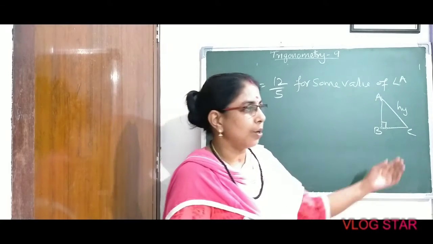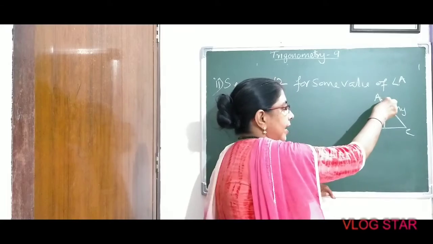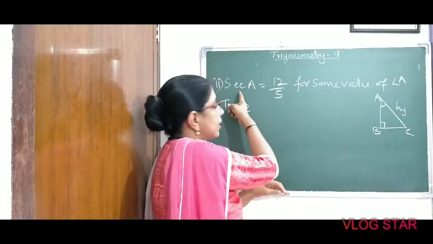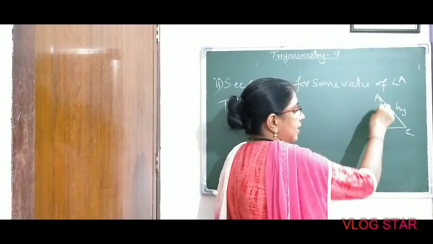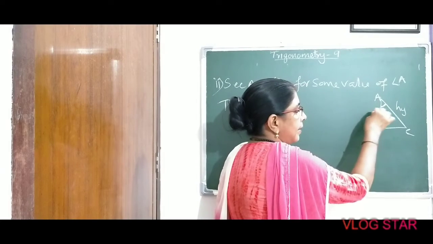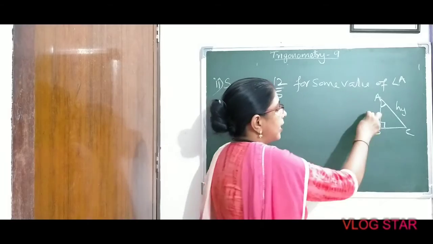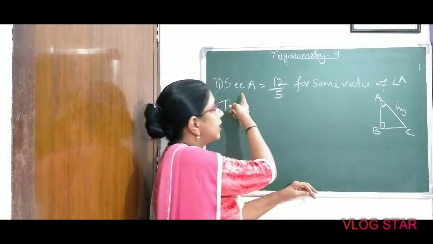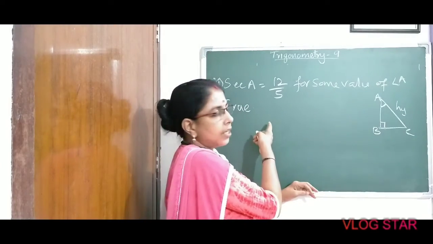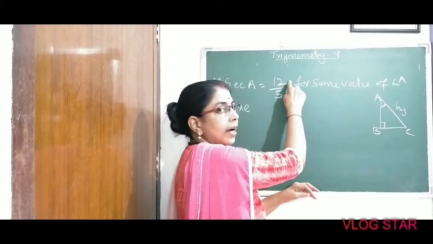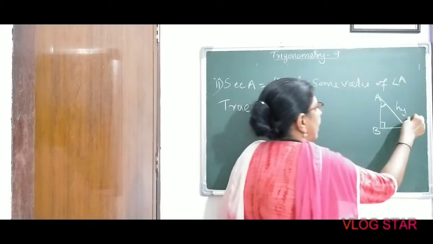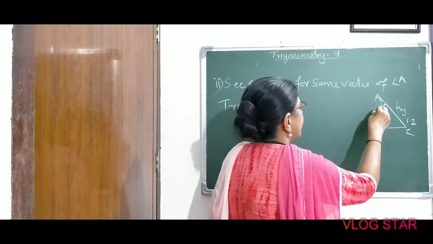The cos of angle A is the adjacent side, that is AB, upon the hypotenuse. Sec means the reciprocal of cos. Here the hypotenuse is 12 and the adjacent side is 5.